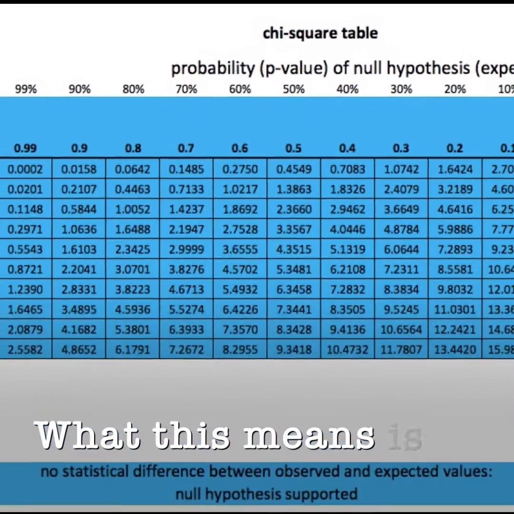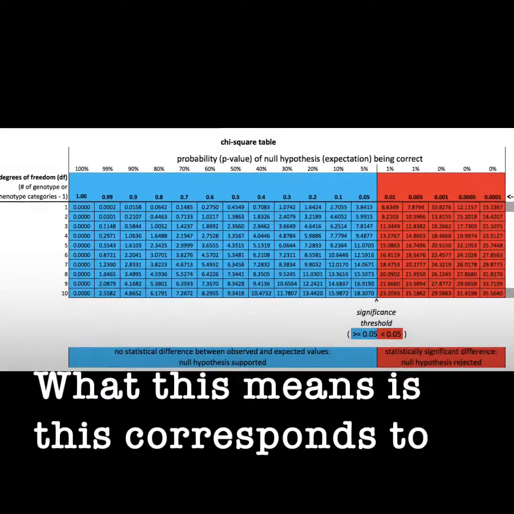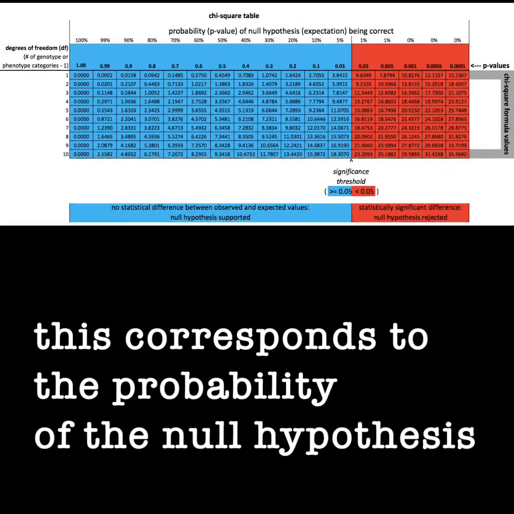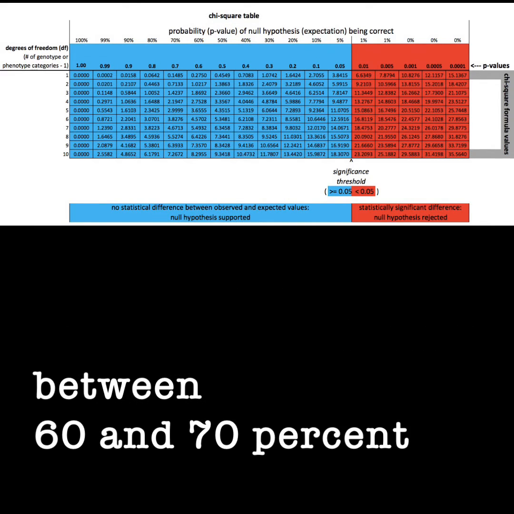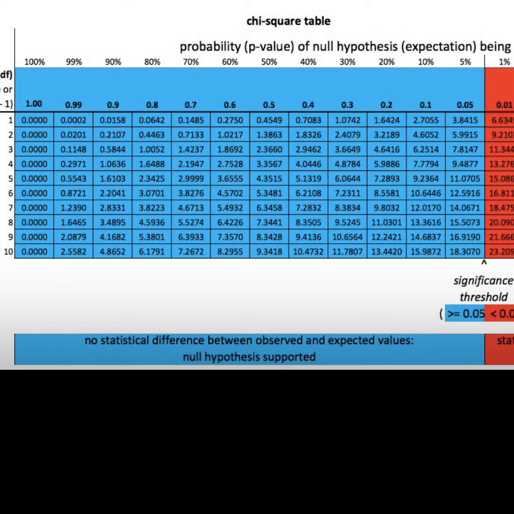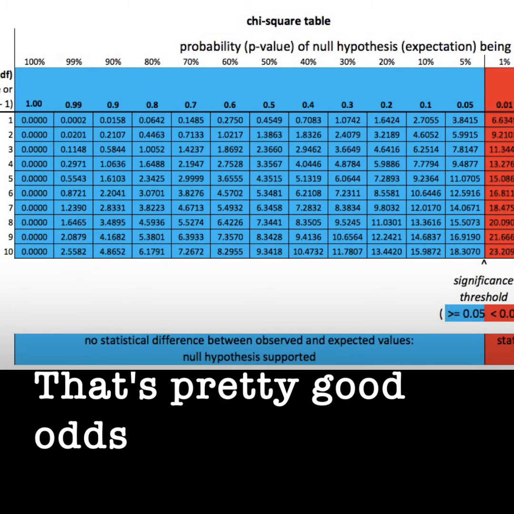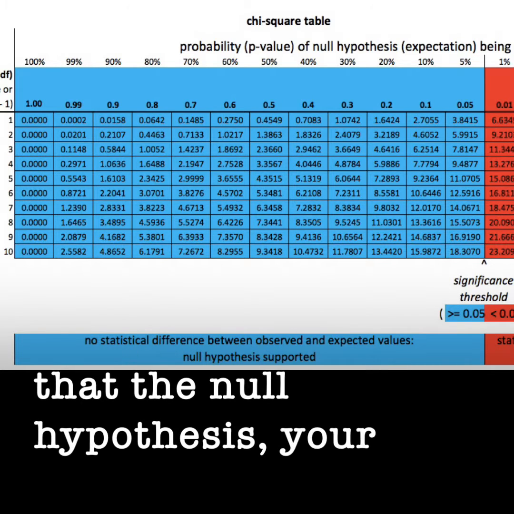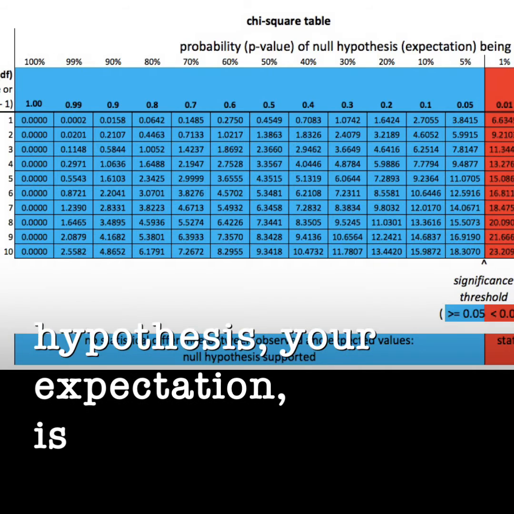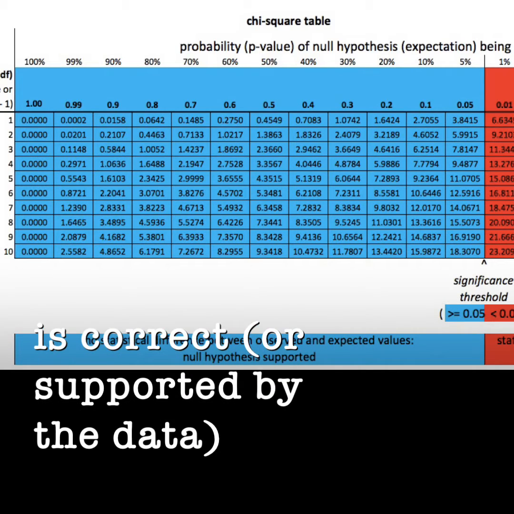What this means is this corresponds to the probability of the null hypothesis being correct of between 60 and 70%. That's pretty good odds in our favor that the null hypothesis, your expectation, is correct or supported by the data.